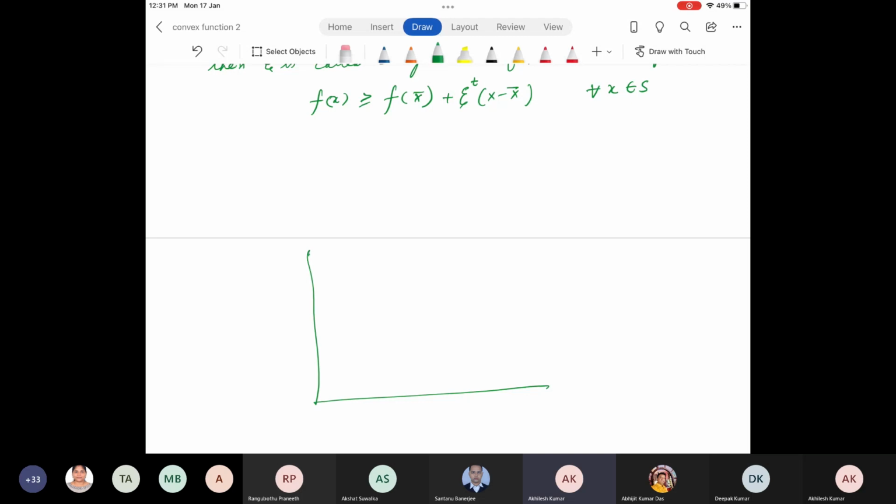Just give me 1 second, guys. Let's try this curve.